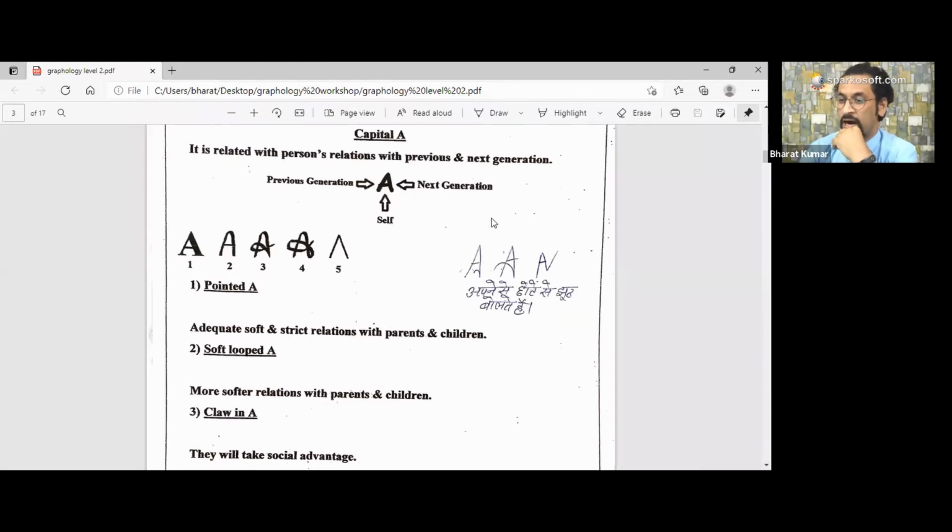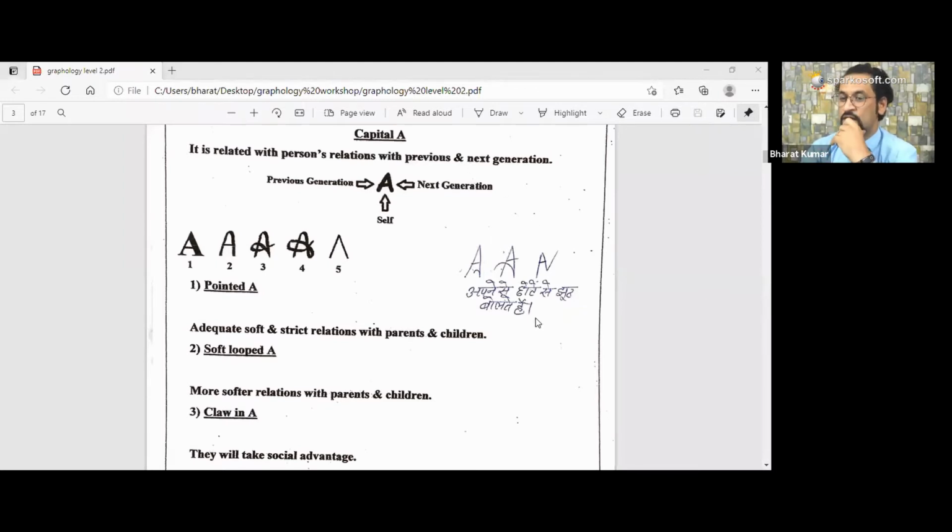So left side of the A relates with the previous generation, meaning the parents. Right line relates you with your future generation or your children, and self is indicated by the central horizontal line. Now, I believe these three lines are clear. So we will analyze these different types of A structures using these three lines, left, right, and central one.